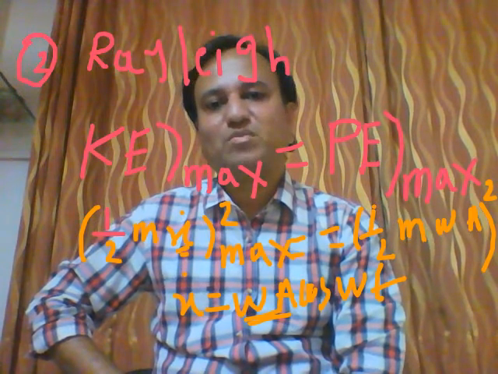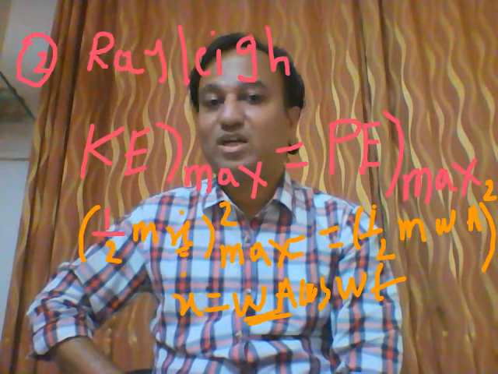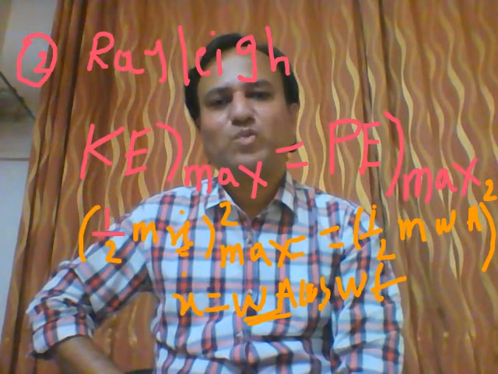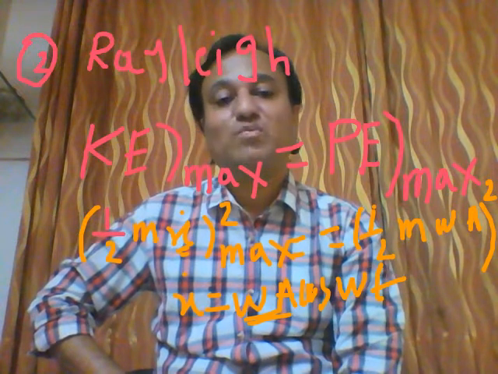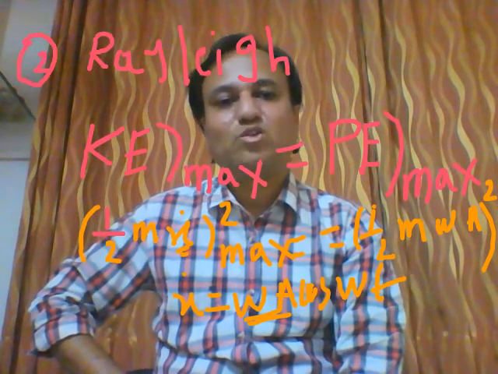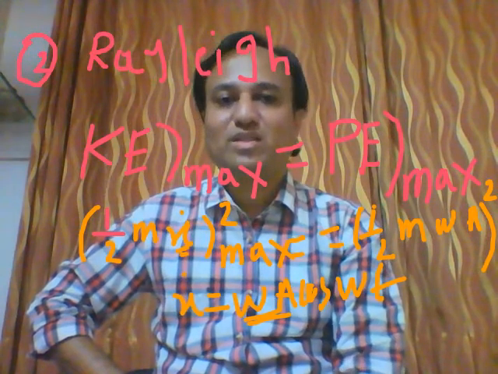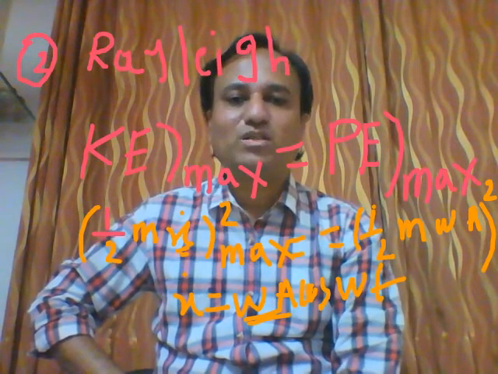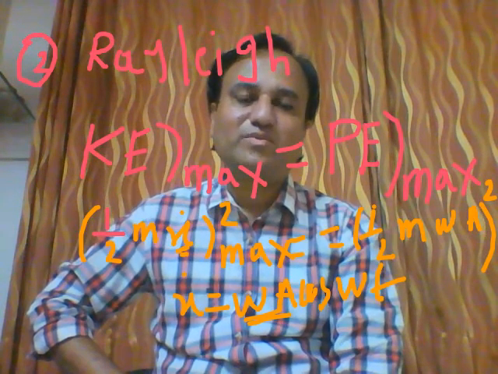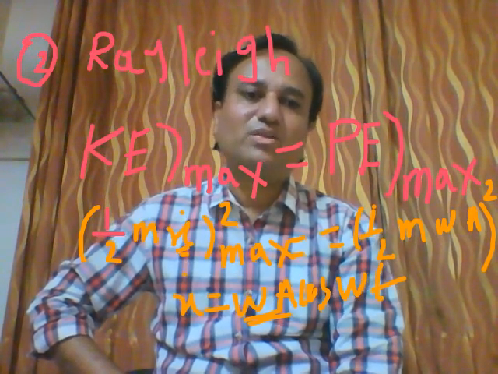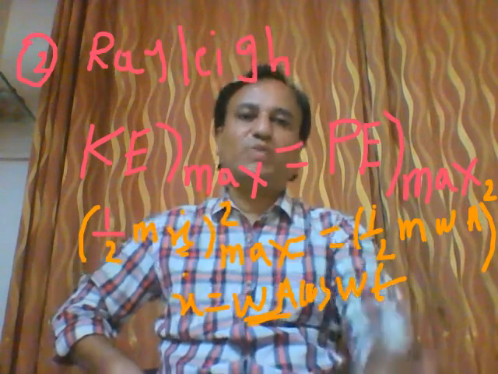Omega and a will not be altered, so cos omega t must be maximum. Its maximum value is 1, when omega t is 0 and cos 0 is equal to 1. So maximum x dot will be omega a. I have replaced x dot by omega a.